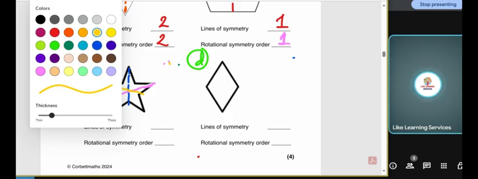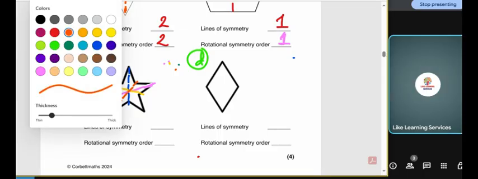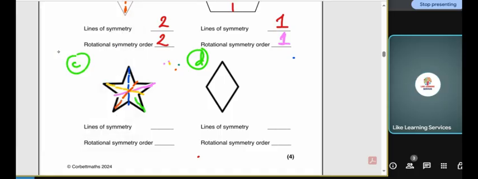And yet another line. This one will also lap. And yet another line. This one will also lap. So it actually has how many lines of symmetry?